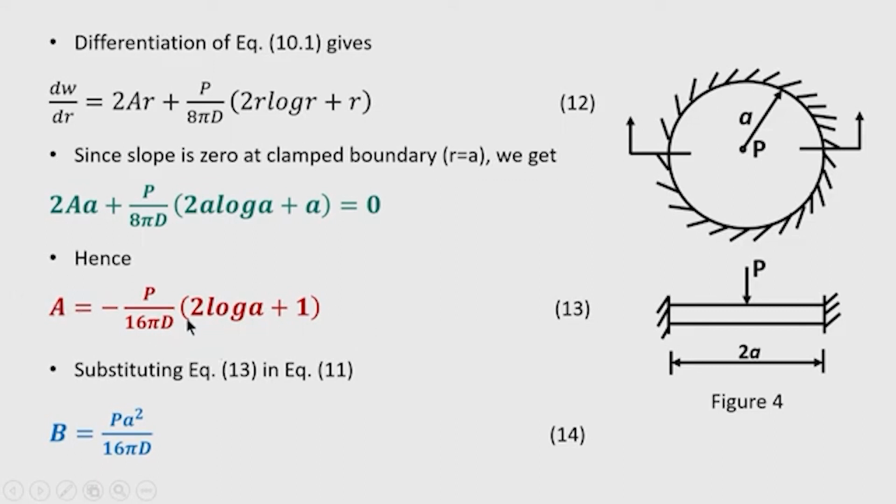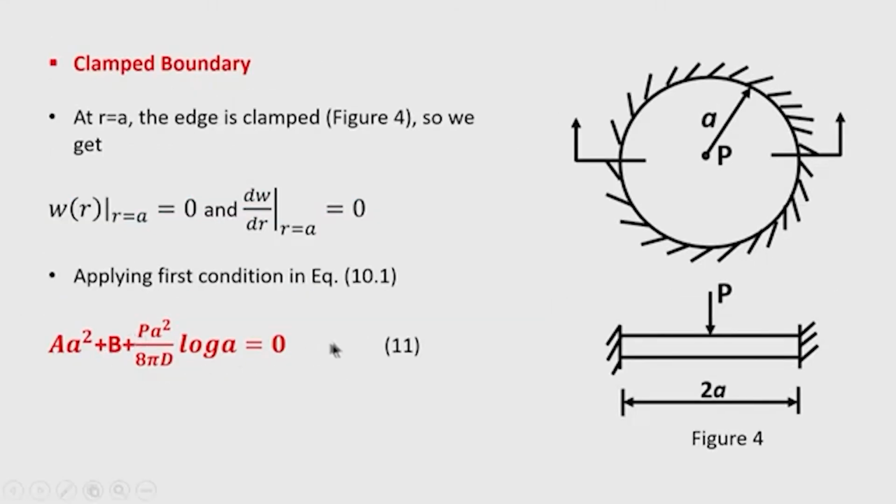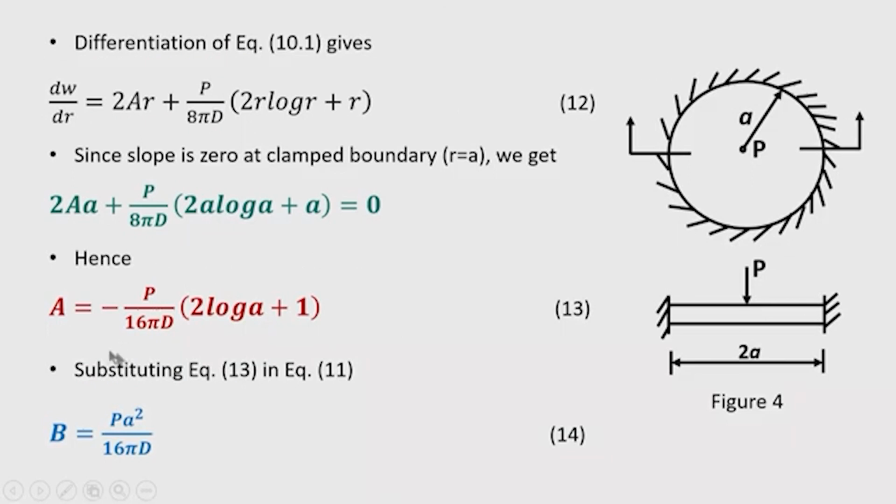After knowing the constant A, we can find the constant B from expression 11. So A is substituted from the previous equation here, and we can now evaluate B. After evaluating B, this expression comes as B is equal to p a square plus 16 pi d.